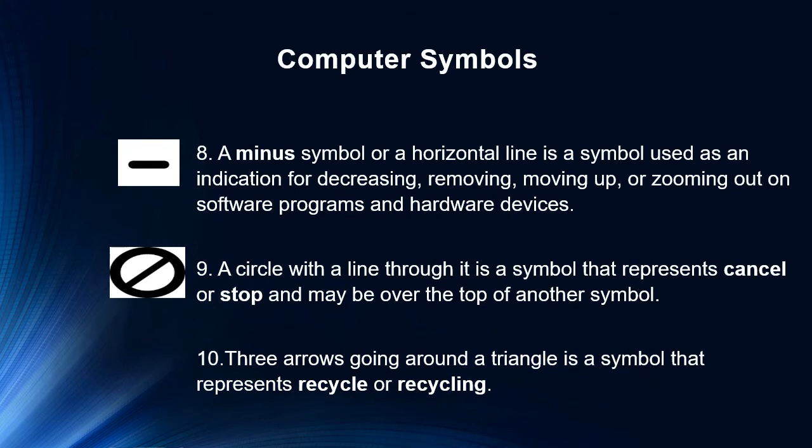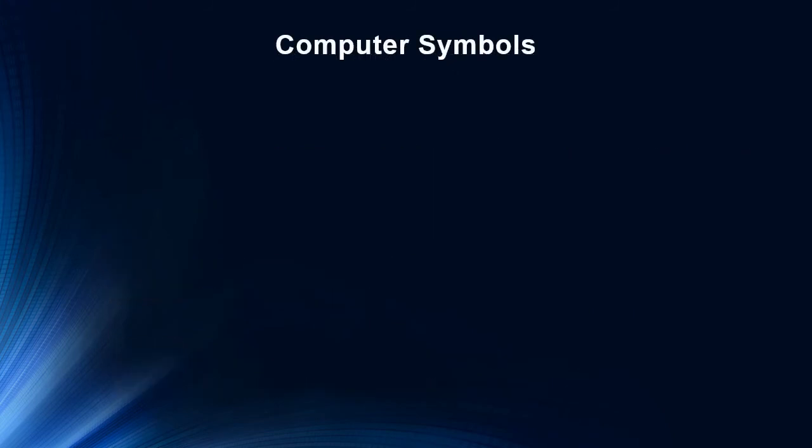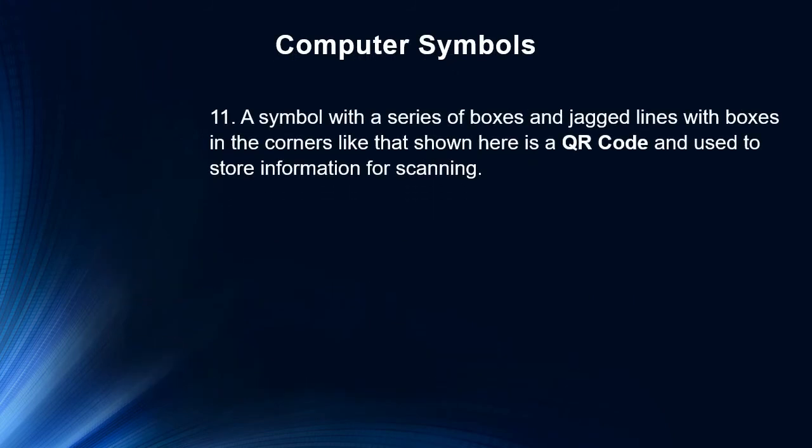Number 10, three arrows going around a triangle is a symbol that represents recycle. For number 11, a symbol with a series of boxes and jagged lines with boxes in the corners, like that shown here, is a QR code and is used to store information for scanning.